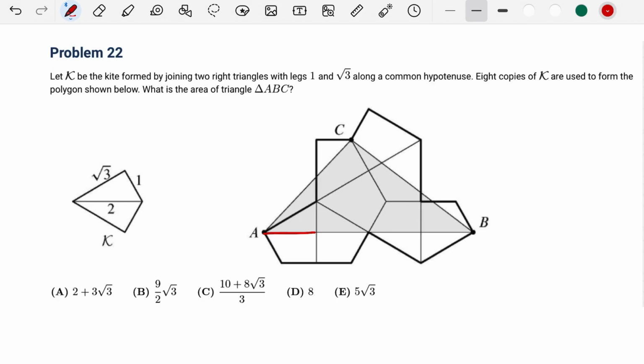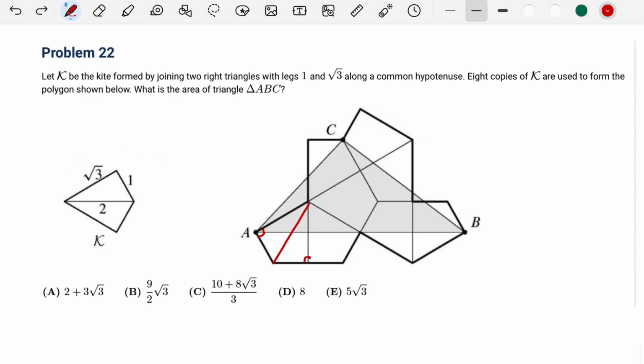So the problem tells us that K, the kite, is formed using the two right triangles. So an example of K would be right here. If we draw this hypotenuse right here, we know that this is a right angle and this is a right angle, and both of these right triangles are going to be 30, 60, 90 triangles.